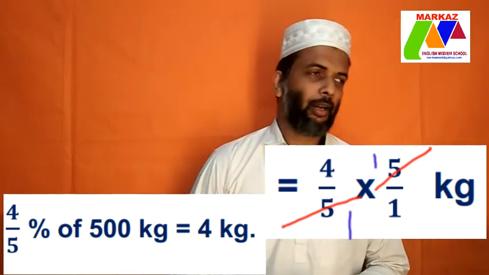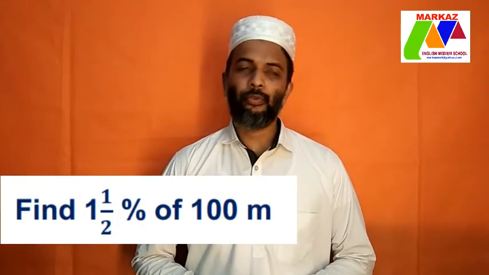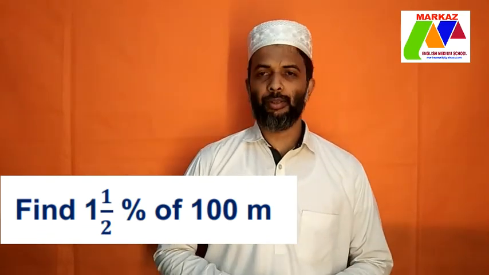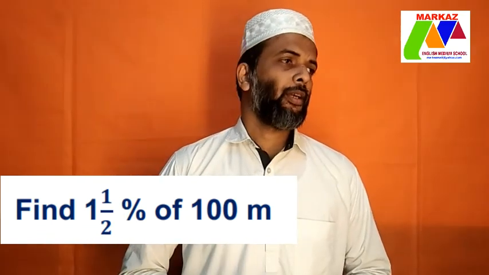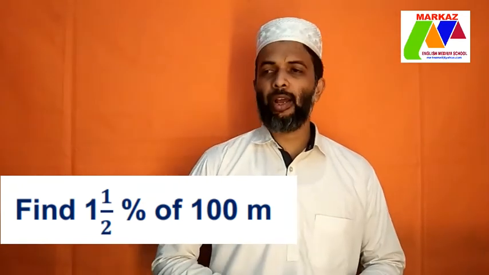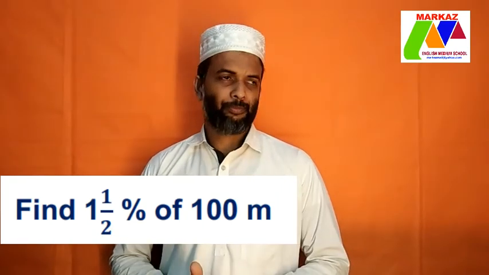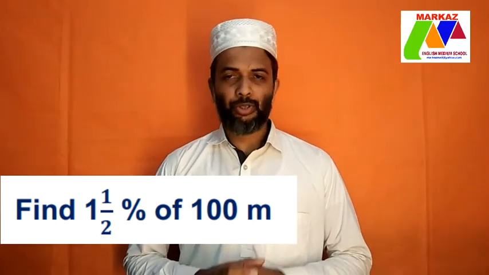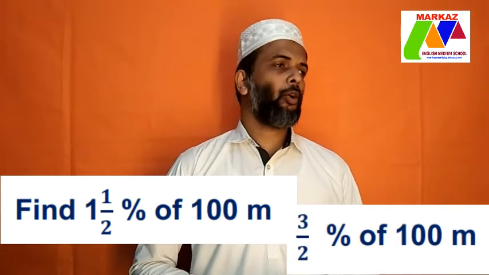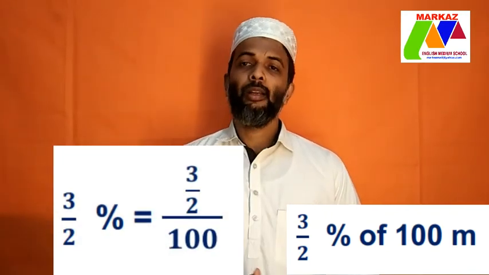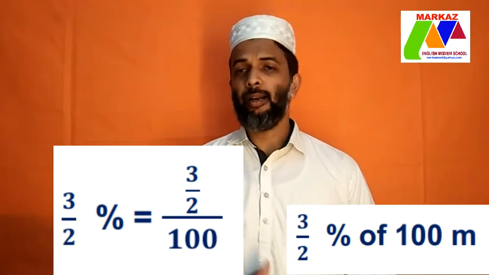Okay. Next question. Write down this question. Find 1 by 2% of 100 meter. In this question, there is a mixed fraction. So, first convert the mixed fraction into an improper fraction. 2 into 1 plus 1, 3 by 2. So, our question is 3 by 2% of 100 meter. You know, 3 by 2% means 3 by 2 by 100.